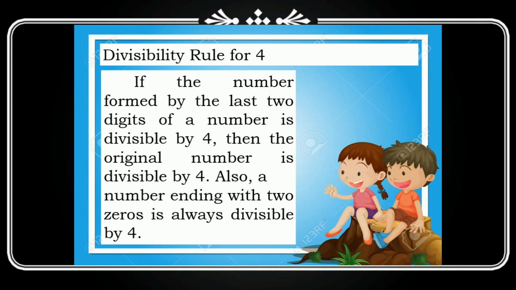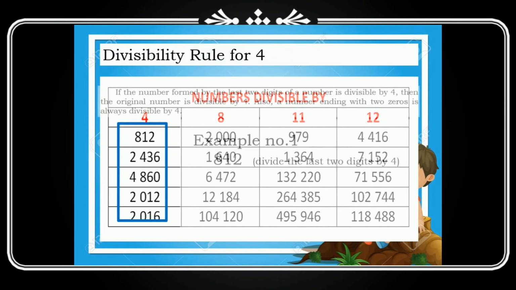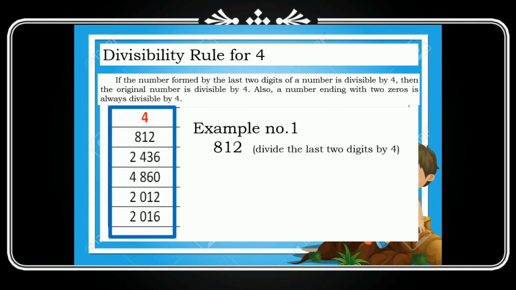Let's begin with divisibility rule for 4. If the number formed by the last 2 digits of a number is divisible by 4, then the original number is divisible by 4. Also, a number ending with 2 zeros is always divisible by 4. These are the different examples of numbers divisible by 4.